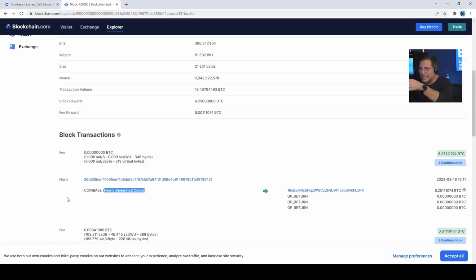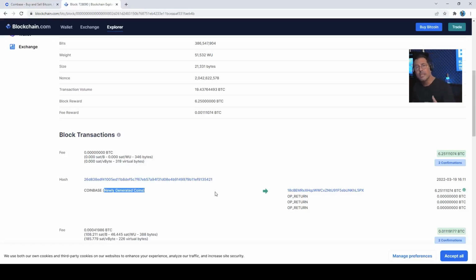So you see, it consists of 6.25 new Bitcoins plus 0.00111074. And when you add these two together, you receive 6.25111074 Bitcoins. That's what this miner receives as a reward for being able to add this block of transactions to the blockchain.